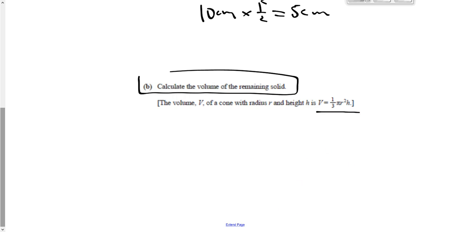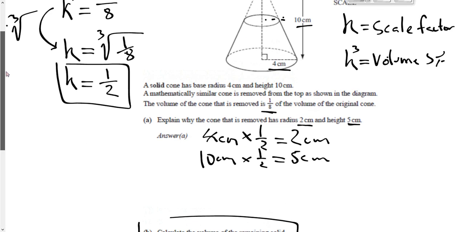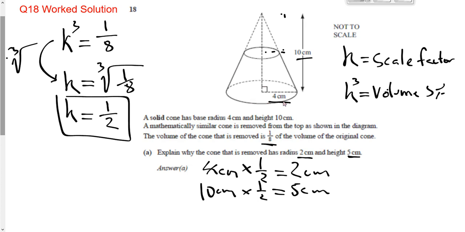The final volume is going to be equal to the volume of the original, big cone, minus the volume of the similar cone, the part that we're taking off, to find our final volume.